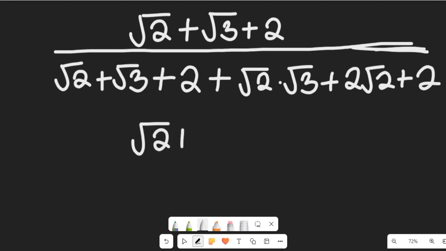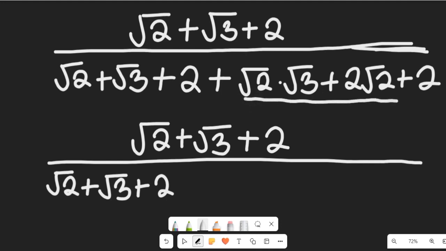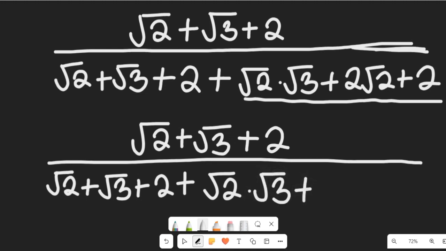Great. Now, if you look at those parameters, you will find that the numerator still remains the square root of 2 plus the square root of 3 plus 2, right? And then the denominator can still be simplified. This is going to give us the square root of 2 plus the square root of 3 plus 2, and from this expression, we have plus root 2 multiplied by root 3 plus 2 root 2.